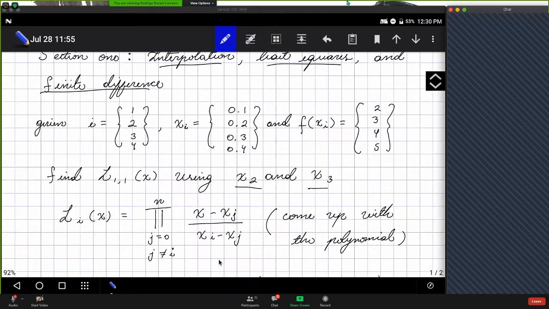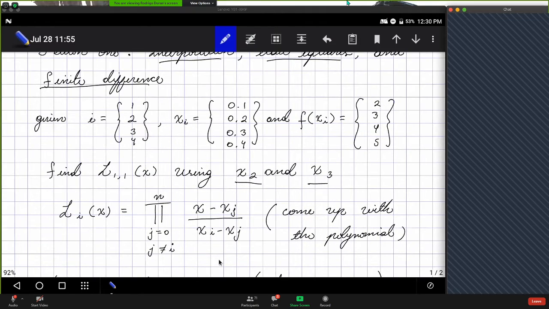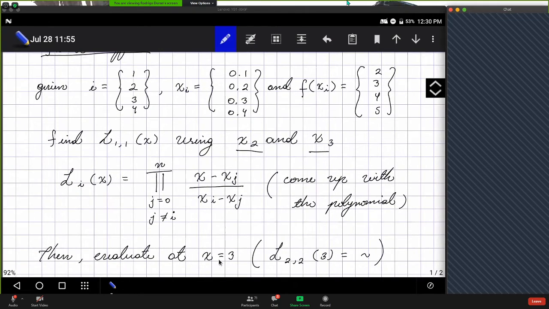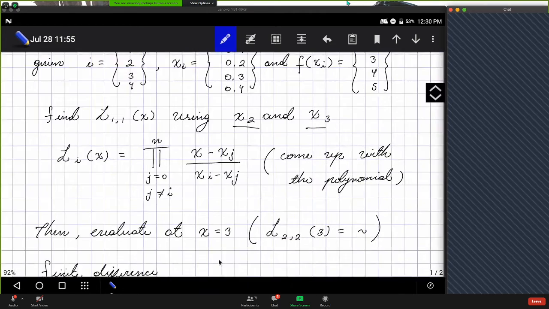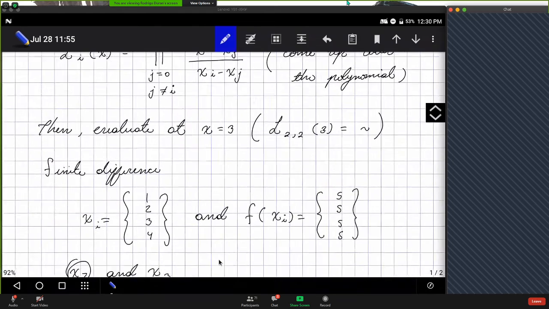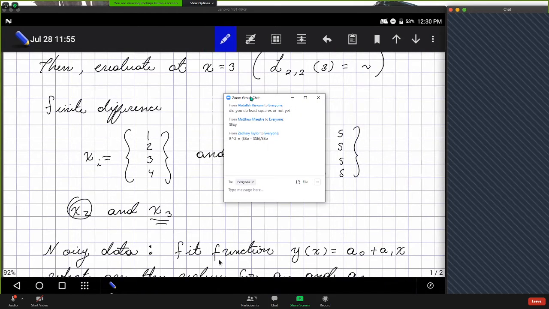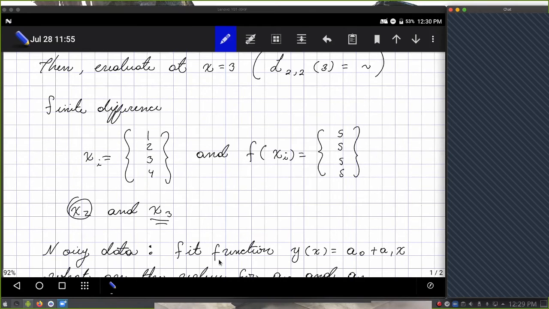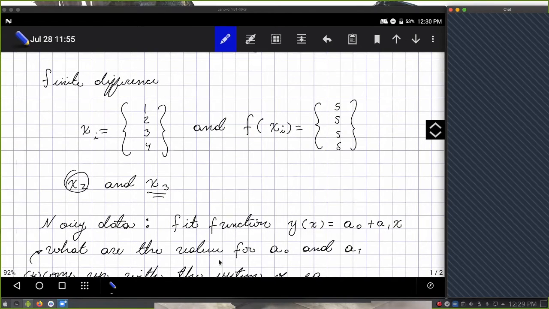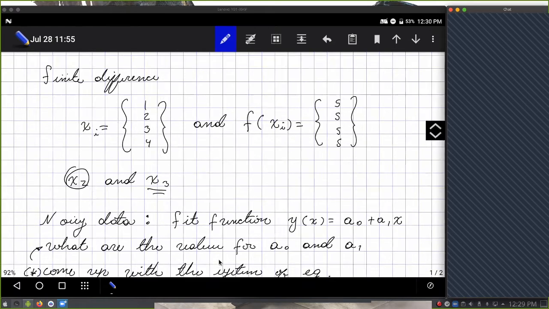Make sure you know how to do the Lagrange interpolation, how to come up with the Lagrange interpolator, with the actual equation as a polynomial, and how to evaluate that polynomial. Make sure you know how to do finite difference of the second order accurate and first order accurate, with the formulas on your formula sheet. All the information will be provided to you as your x vector and the vector of the function, which is the evaluation of that x vector.